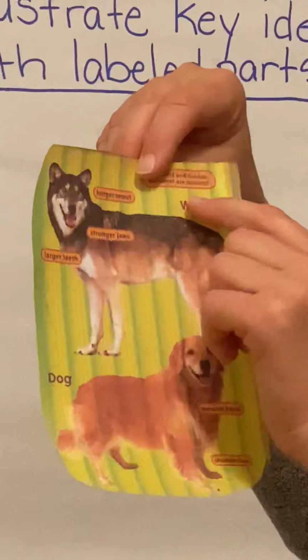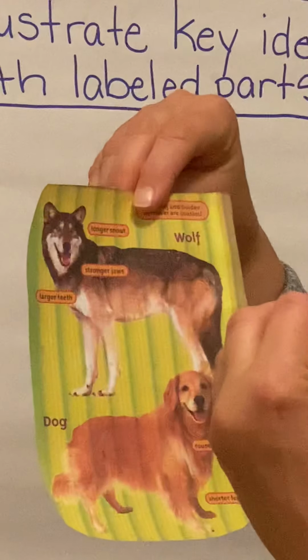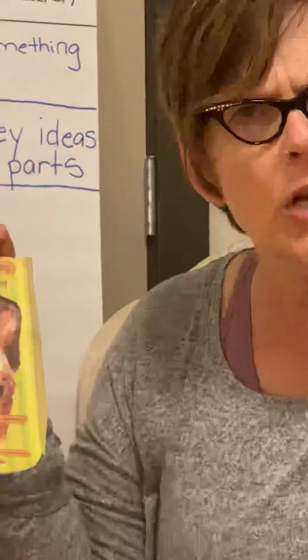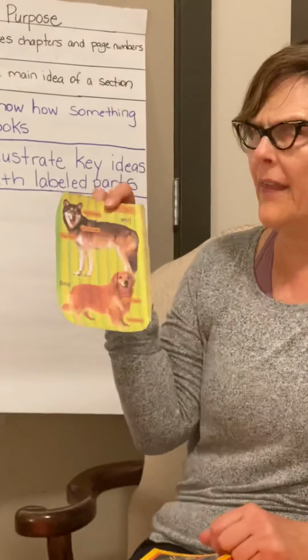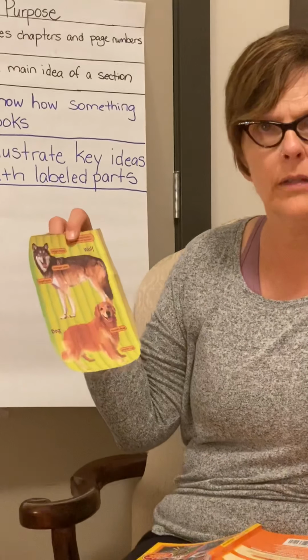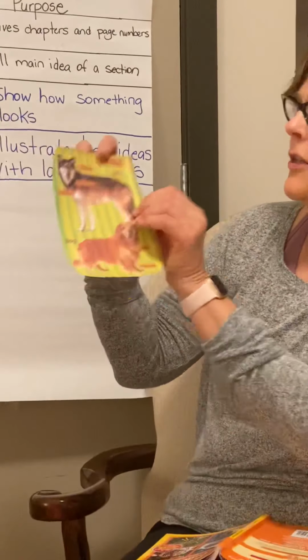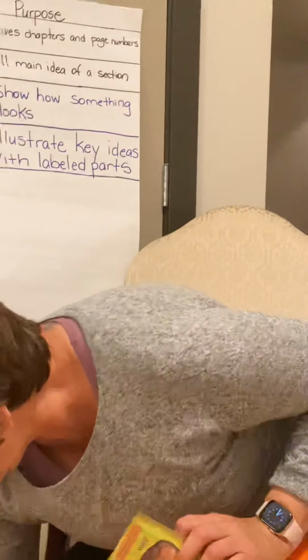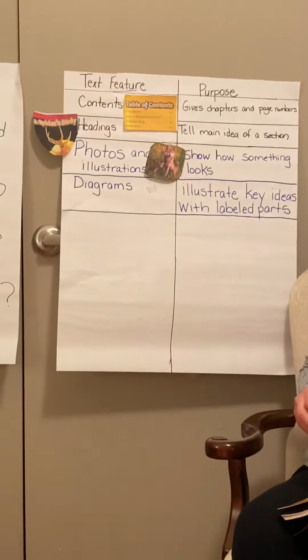This wolf has a longer snout, stronger jaws. I wonder why they might need stronger jaws. I bet we'll be able to find that out in our story. And larger teeth than a dog. So this is a good diagram telling you the difference between a dog and a wolf. I'm going to put that on here as an example of a diagram.